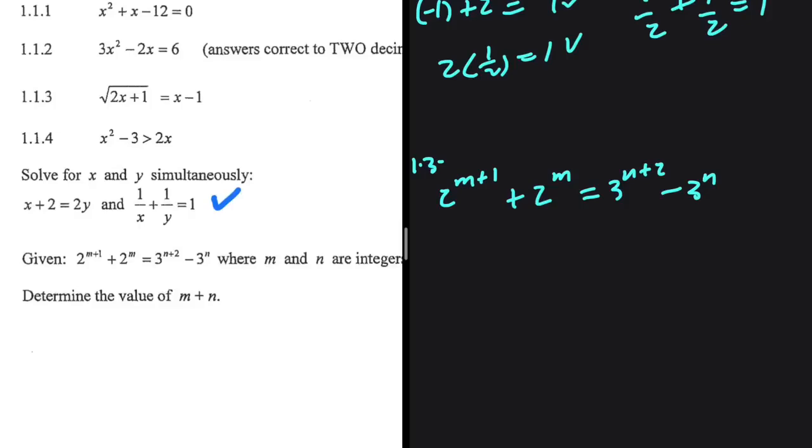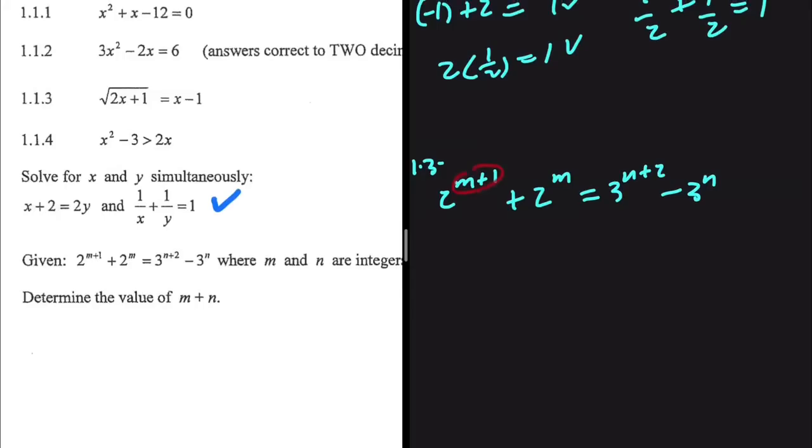Well, I want to get rid of this 2 to the power m plus 1. I know fully well that it is equal to 2 to the power m multiplied by 2 to the power 1, because if we multiply numbers of the same base, we can add the exponents. So 2 to the power m plus 1 is just 2 to the power m multiplied by 2 to the power 1, plus 2 to the power m. Let me just try out the same idea on the right-hand side.